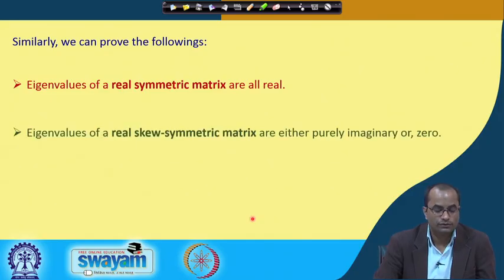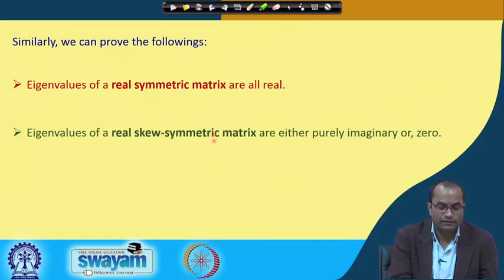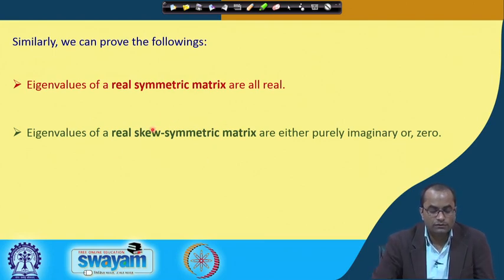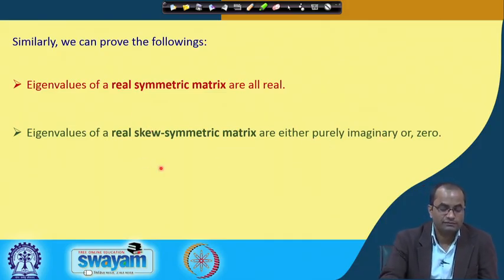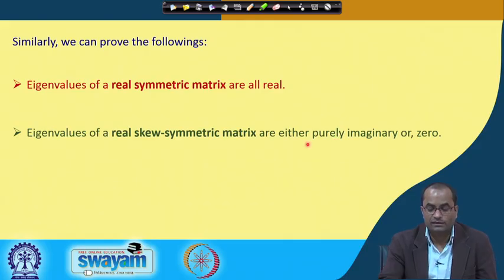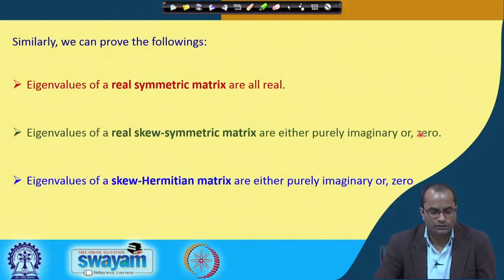And for the eigenvalues of a real skew symmetric matrix, that means A transpose is minus A, they are purely imaginary. This is also interesting, that the eigenvalues of such matrices are either purely imaginary or 0. Those are the two possibilities, which again we can prove if we follow the earlier proof.